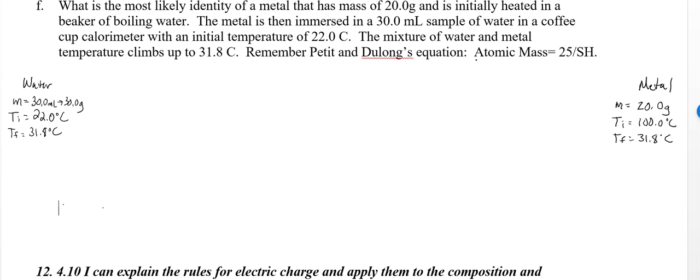Petit and Dulong's equation is atomic mass, which is something that you can find on the periodic table, is equal to the number 25 divided by the specific heat of the metal. Do we know the specific heat of the metal? No. Remember our equation. Q is equal to M times TF minus TI times specific heat.